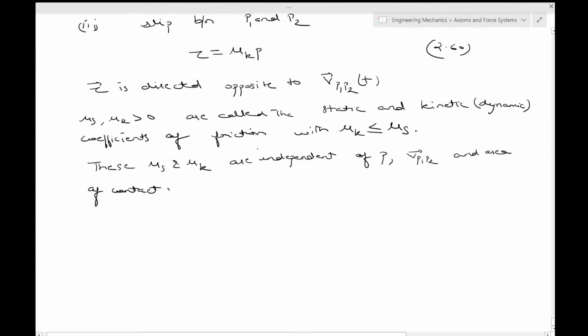So if you now have this situation which looks like this, so you have body 1, then you have the cylinder kept over it. Okay, should just draw it like this.